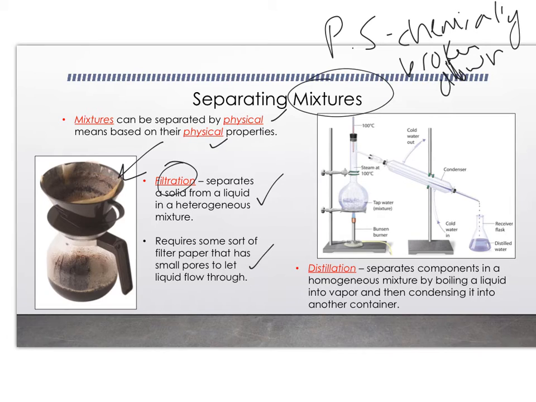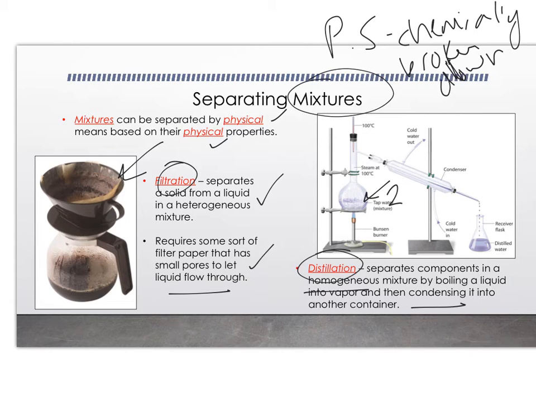And again, it requires some sort of filter paper that has small pores enough to let the liquid flow through while keeping the solid on top of that filtration. Another process is known as distillation, where you can separate components in a homogeneous mixture by boiling a liquid into vapor and then condensing it, that's a phase change, back into another container. So let's say we have a mixture of two different liquids and they have two different boiling points.